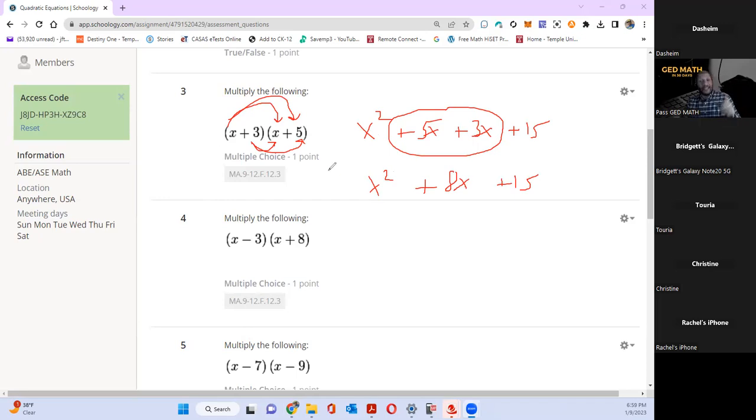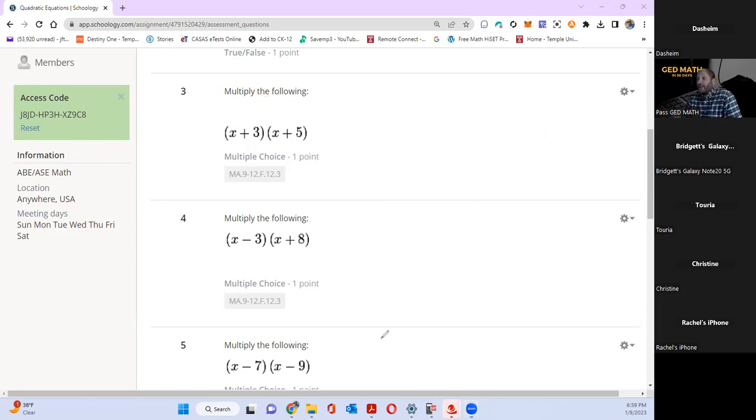The reason it's considered under quadratic equations is that when you multiply x times x and you get x squared, that's what a quadratic equation is. When the highest degree of an equation is 2, it's considered a quadratic equation. Guaranteed problem in your exam. You're going to see it, guaranteed. Now, they're not going to have it this easy.